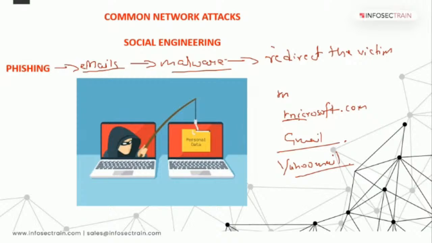If someone here is using Yahoo Mail, always remember, if I'm sending you a malicious email, a fake email, in Gmail it will be in your spam, but in Yahoo Mail it will look like a legit thing, right? So Yahoo Mail never filters the data, right? So that is your phishing. Clear, everyone?